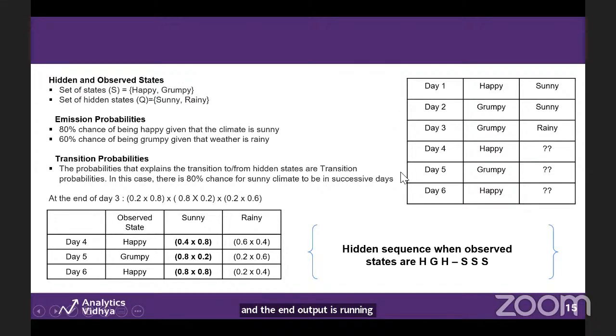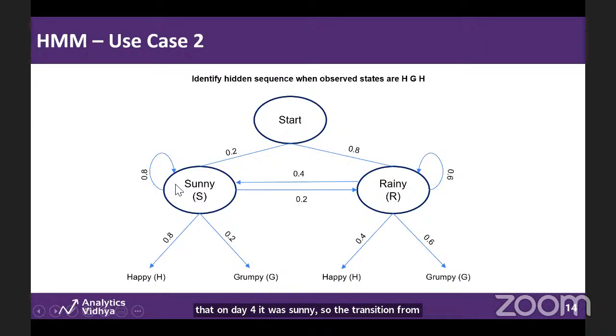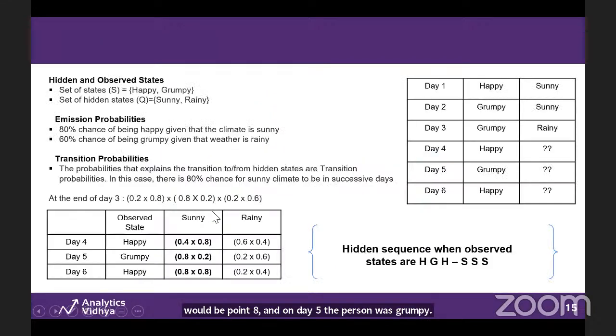So coming to day 5, we know that on day 4, it was sunny. So the transition from sunny to sunny would be 0.8. And on day 5, the person was grumpy, so the probability here is 0.2. So it is 0.8 into 0.2.